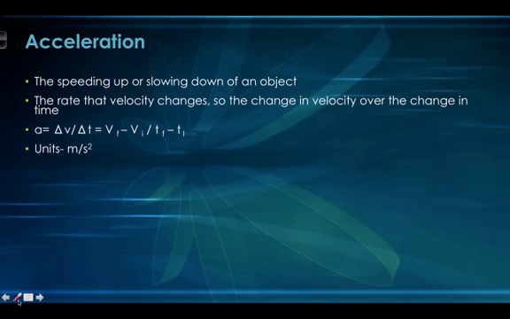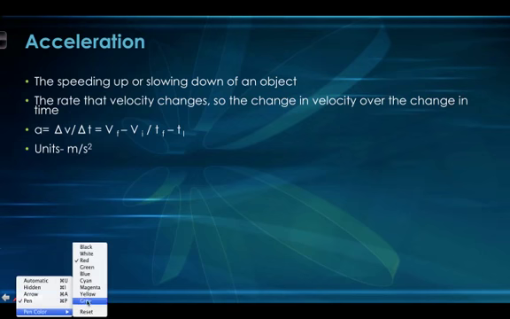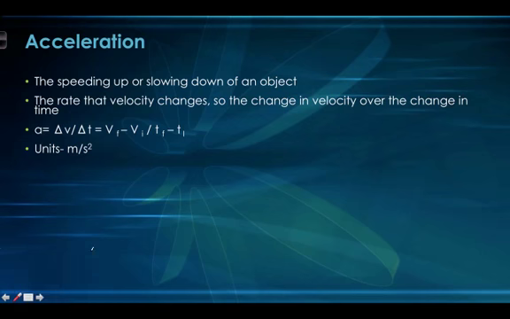The units are in meters per second squared. So when we're looking at meters per second squared, if you have acceleration, which is the change in velocity divided by the change in time, well, velocity is measured in meters per second, and then we divide that by a time, which is measured in seconds.